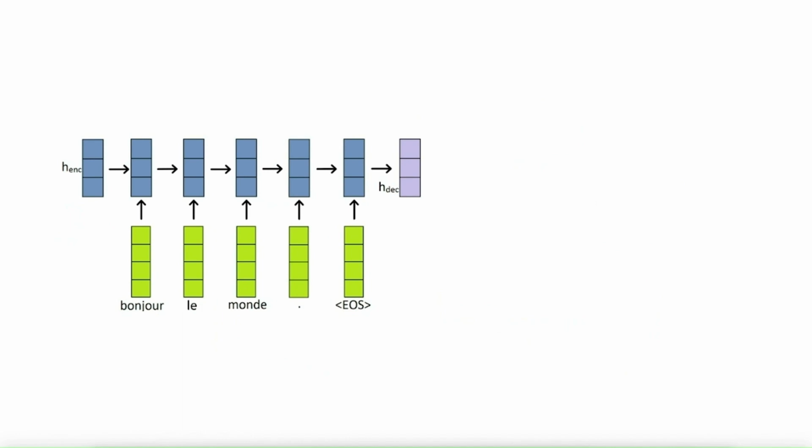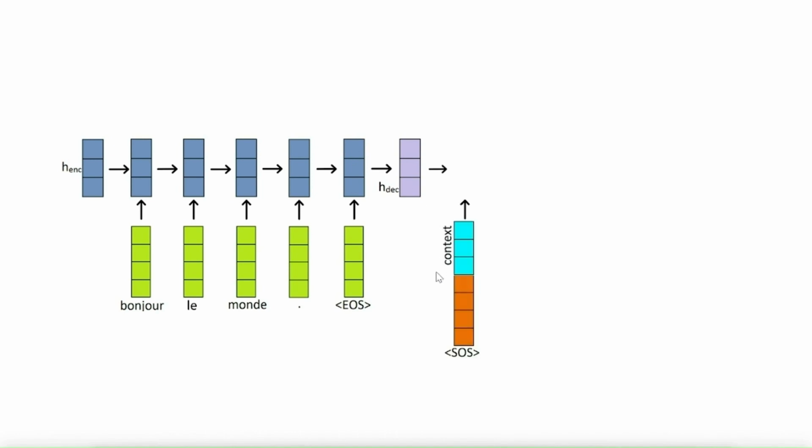So yeah, now let's go back to our sequence-to-sequence model, but this time with attentions included. So here again, you have the first hidden state of the decoder, which is a copy of the final hidden state of the encoder.